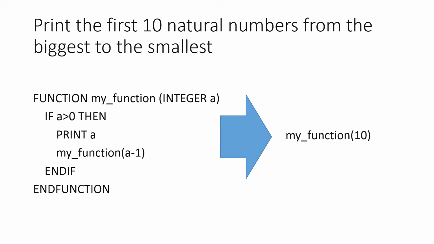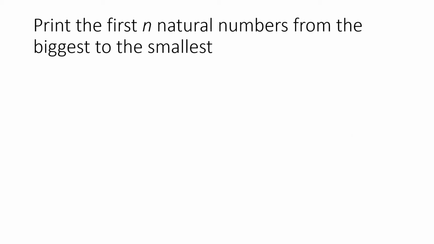But of course, we are always looking to write algorithms that are scalable. So let's change that. Let's erase that 10 and write n. Let's assume we want to write an algorithm that will print the first n natural numbers from the biggest to smallest. We already wrote a recursive function, my function, that will do that recursion.